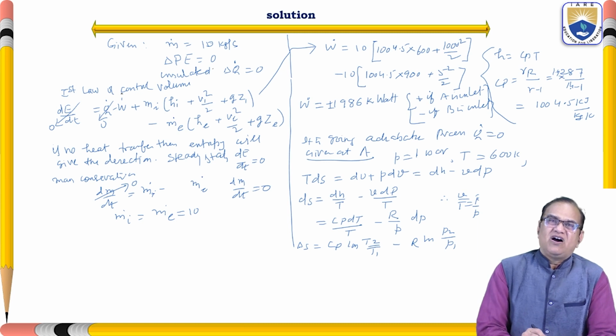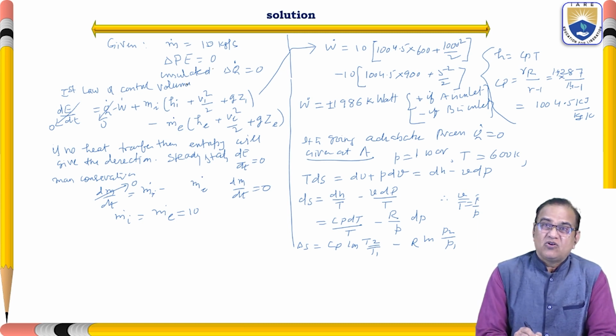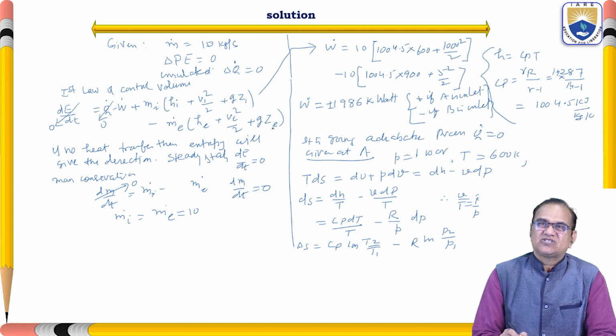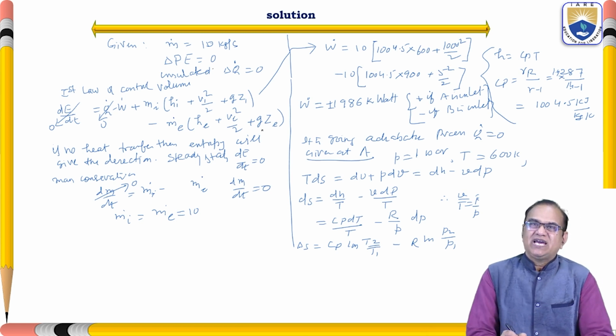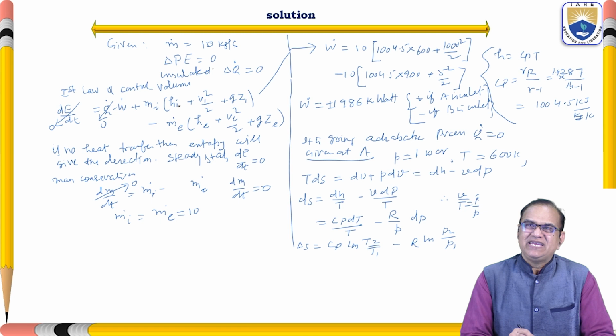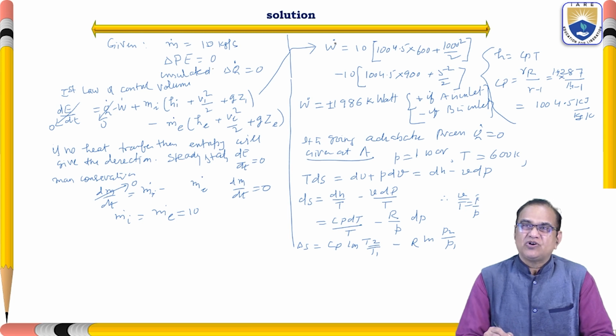Using the first law of thermodynamics for the control volume system, we know that dE by dt is equal to Q dot minus W dot plus m dot inlet times (h_i plus V_i square by 2 plus g z_i), minus m dot exit times (h_e plus V_e square by 2 plus g z_e).